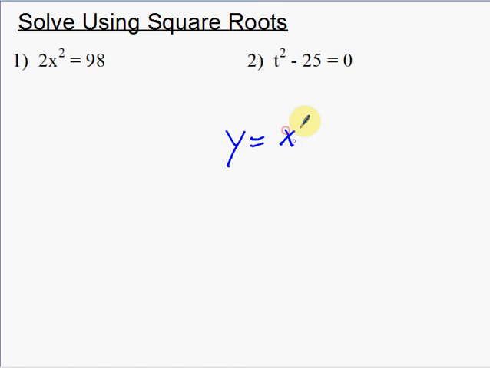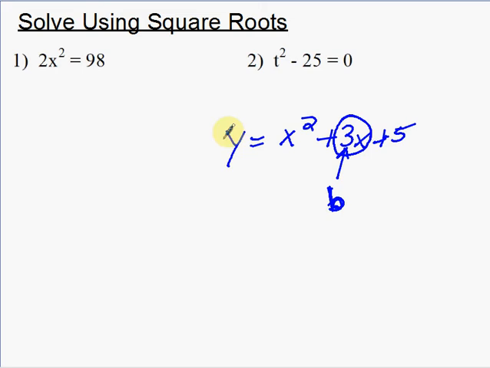The linear term is the term that has just the x to the first, or whatever the variable is, to the first power. So 3x would be my linear term. We've talked about a, b, and c. The 3 would be your b. Okay, so the square root method works well whenever there is no linear term.